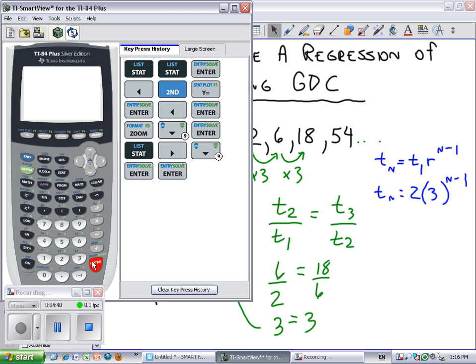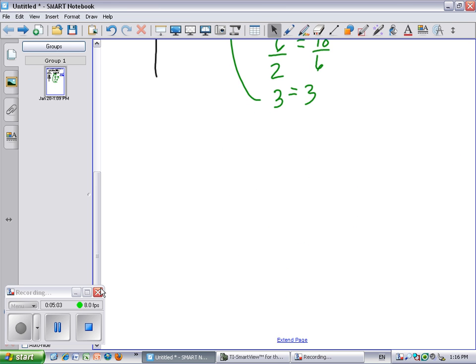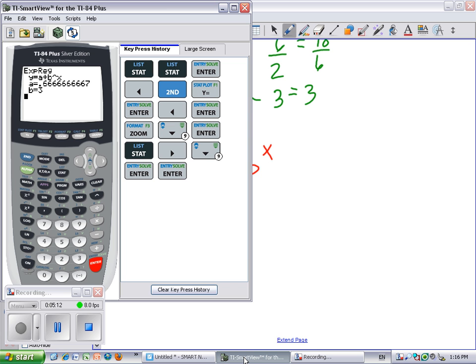And now we have a set of parameters for a and b with variable x. So we'll want to write that equation down with our data. So that's y equals a times b to the x. a is 2/3 and b is 3. Losing my voice here.